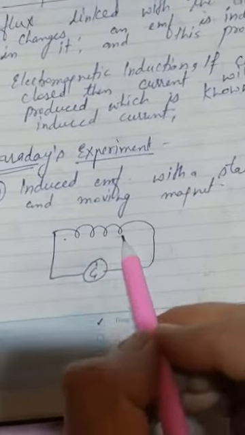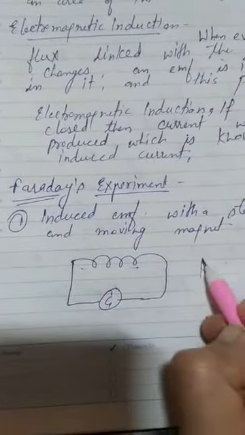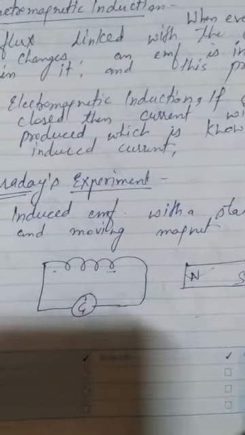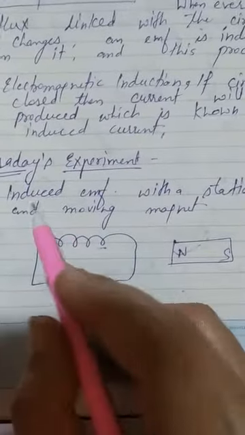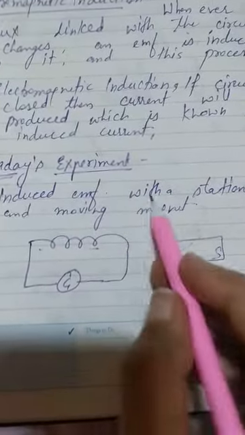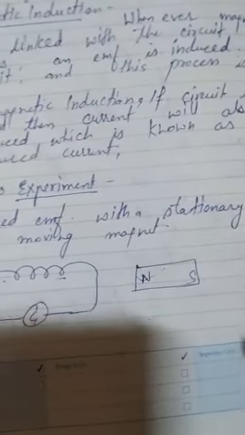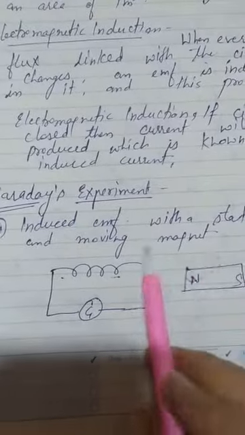Then near the coil we bring a magnet, with the north pole here and the south pole there. This is induced EMF with a stationary coil and a moving magnet.